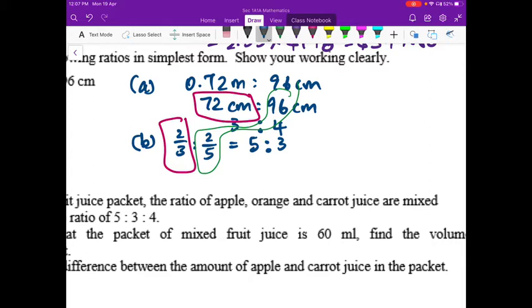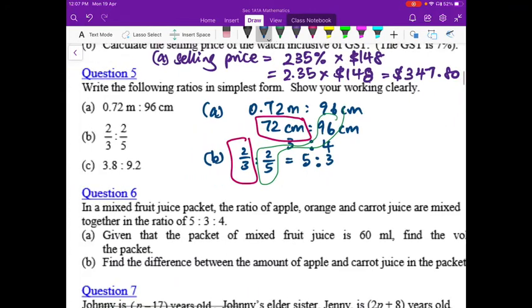I've covered this before in class already. So these are the things that you need to remember to help yourself, instead of increasing the chances of making careless mistakes. And now for part C. 3.8 to 9.2.